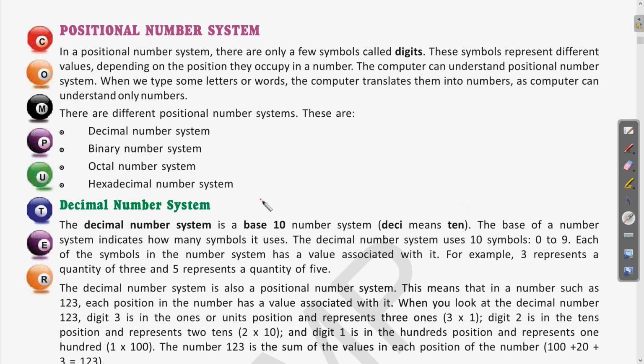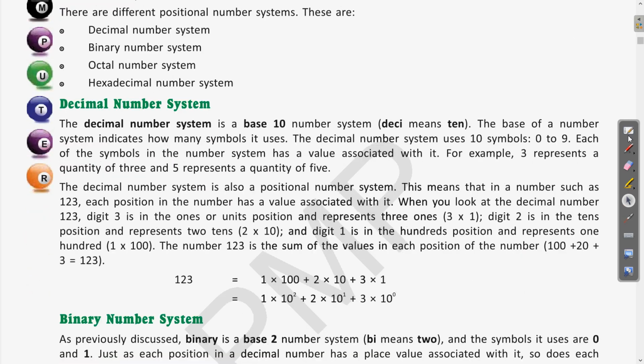Okay, so before moving to the hexadecimal, let us see once again each of these with an example as well. In the decimal number system we have seen that the base is 10, and because of this base 10 only 10 numbers can be used in the decimal number system, as we already do in maths also.